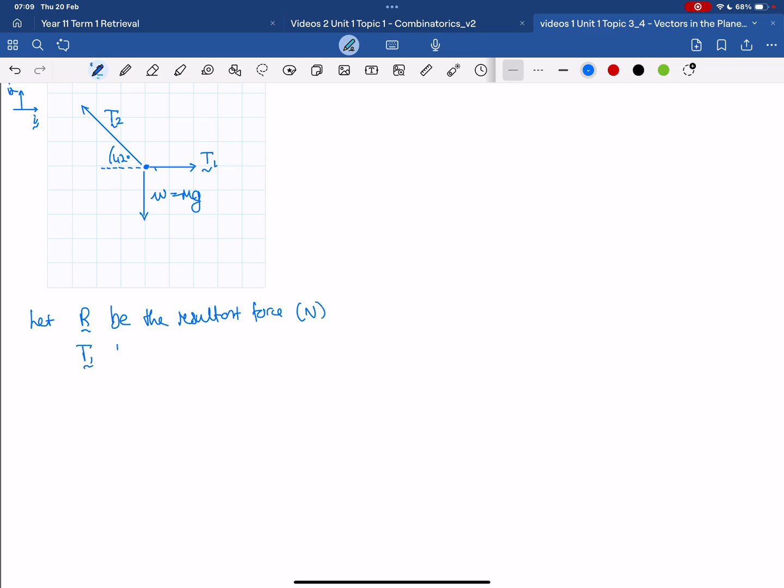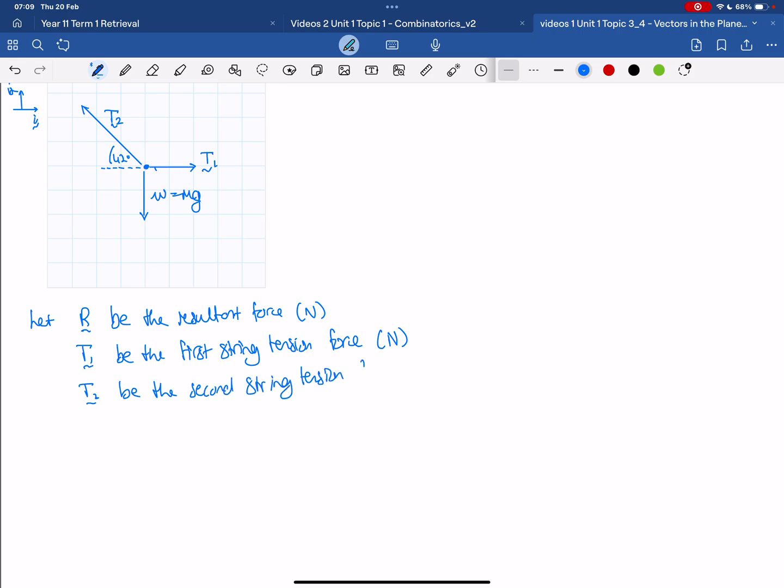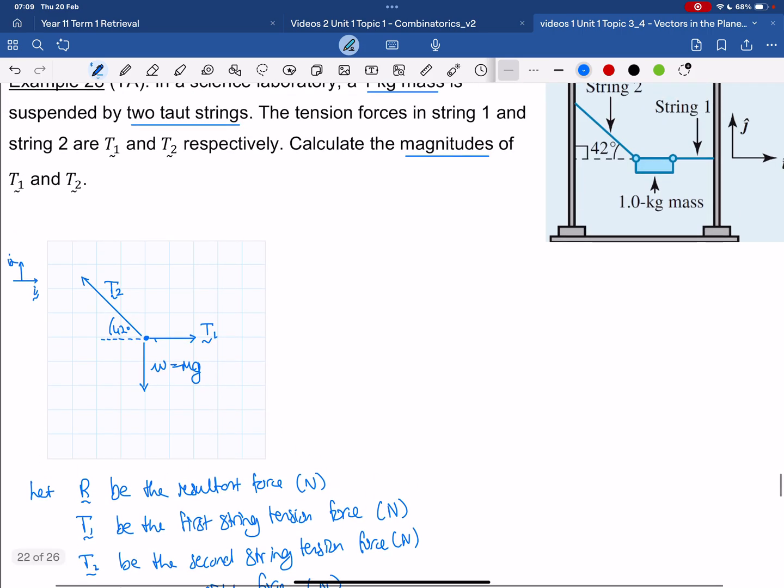Okay, T1 be the first string tension force in newtons, and T2 be the second string tension force in newtons, and let W be the weight force in newtons.